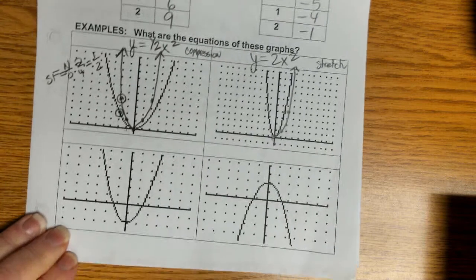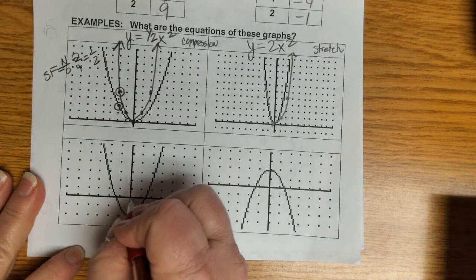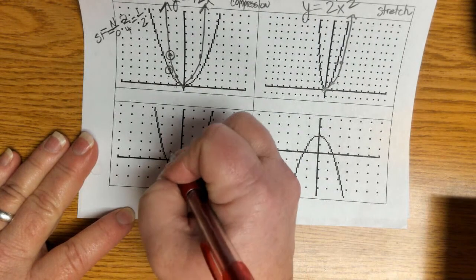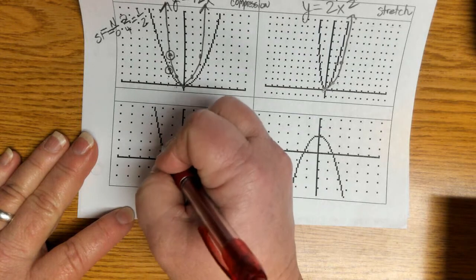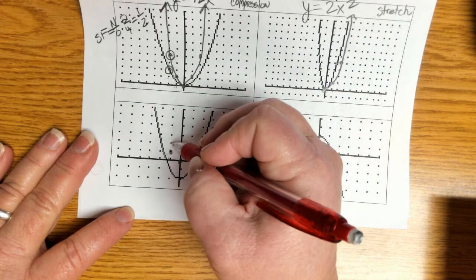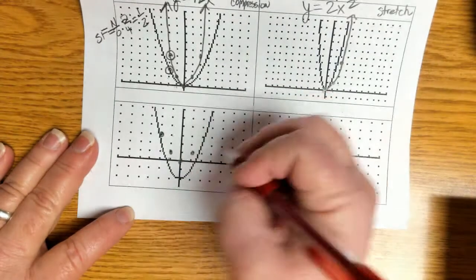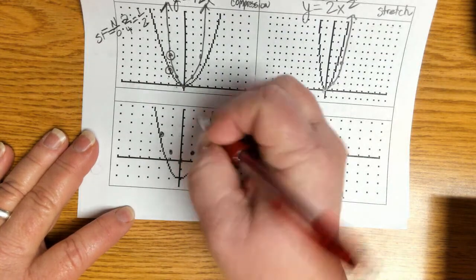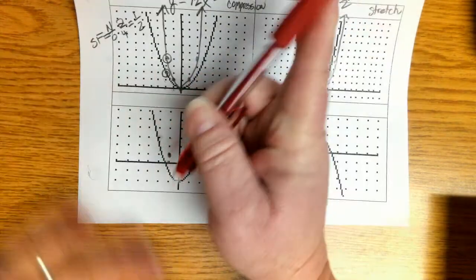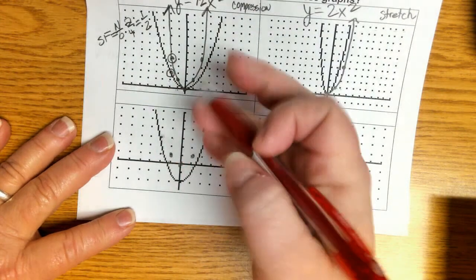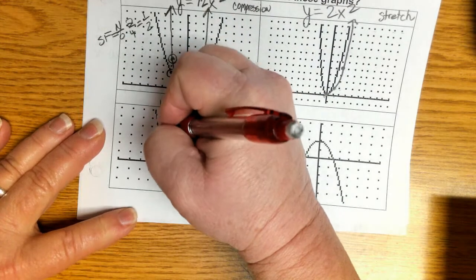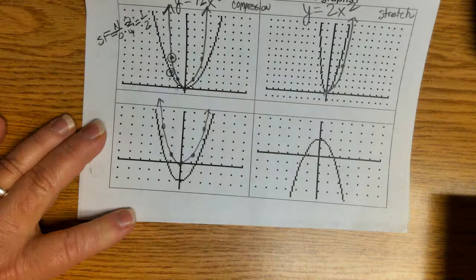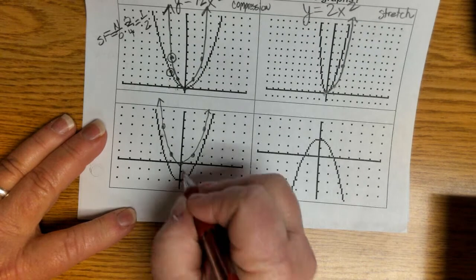Let's see what happens here. I've got 0, 0. I've got 1 and 1. I've got 2 and 1, 2, 3, 4. There's my parent. So I've obviously moved it down how much? 2.